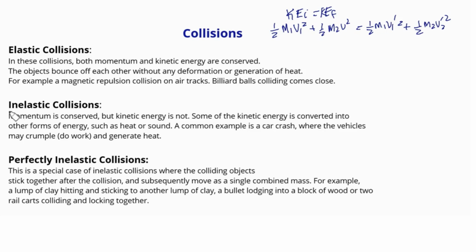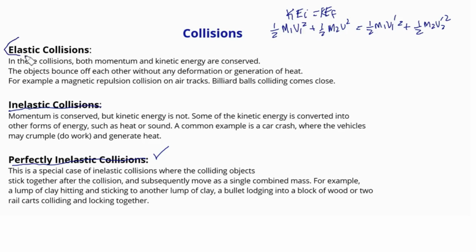Today we will be mainly concerned with inelastic collisions and perfectly inelastic collisions. We will start with this one first. Now in an inelastic collision, some kinetic energy is conserved, but some amount is lost. However, momentum is always conserved. I want you to be sure that you understand that in all three collisions, momentum is always conserved.